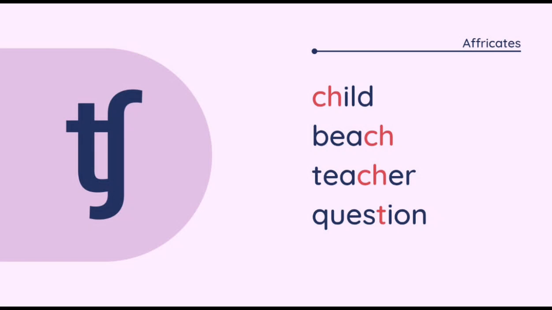It is a voiceless alveolar fricative, and it is represented by words such as child, the CH in beach, the CH in teacher, and the T in question. Child, beach, teacher, and question.